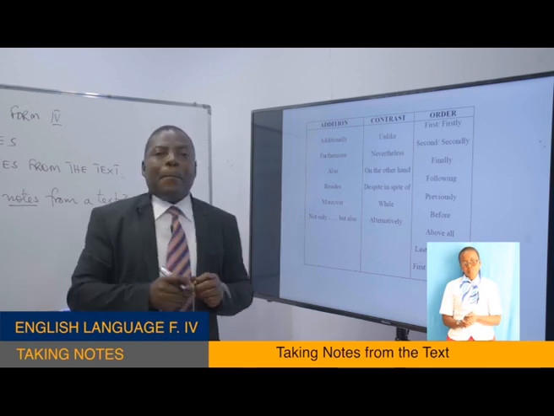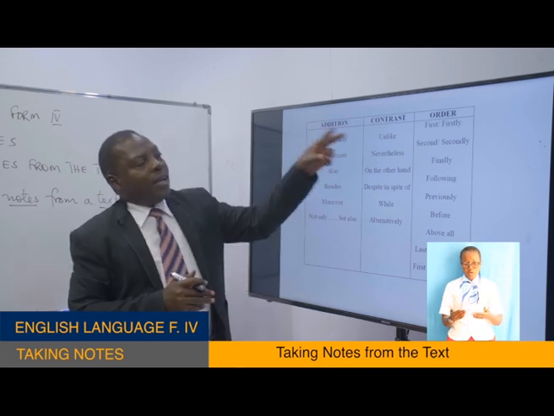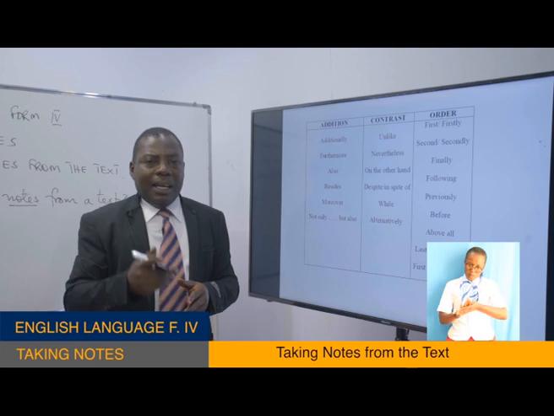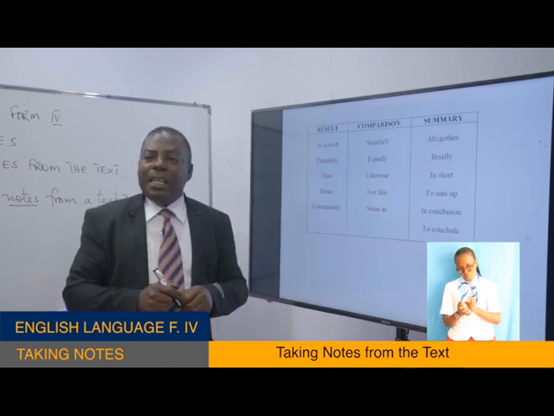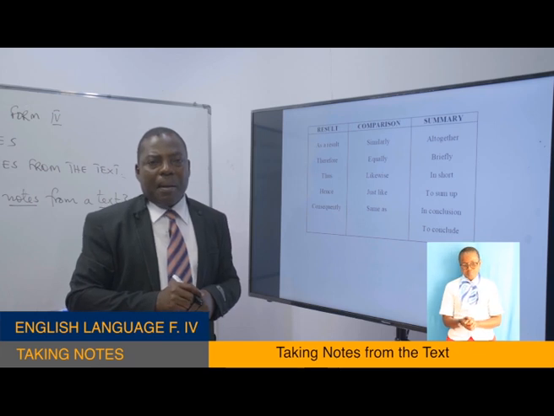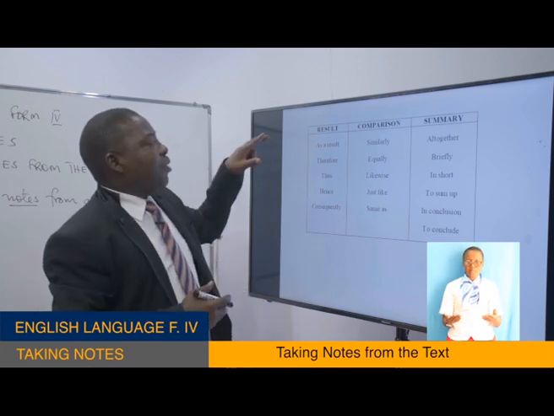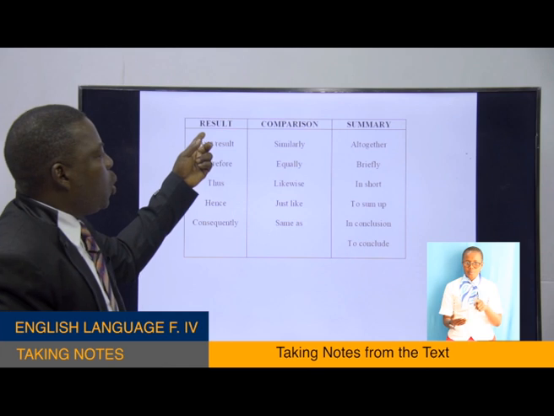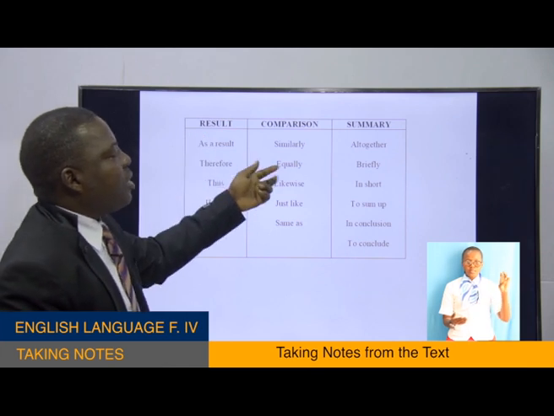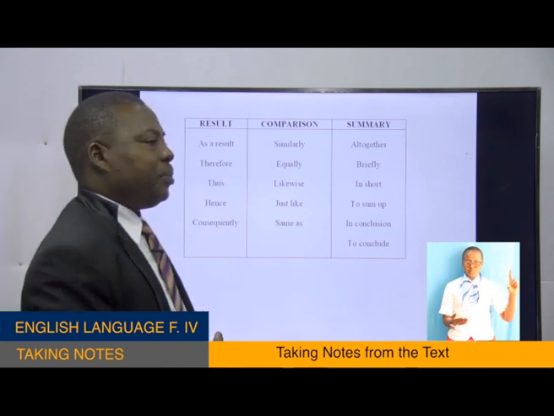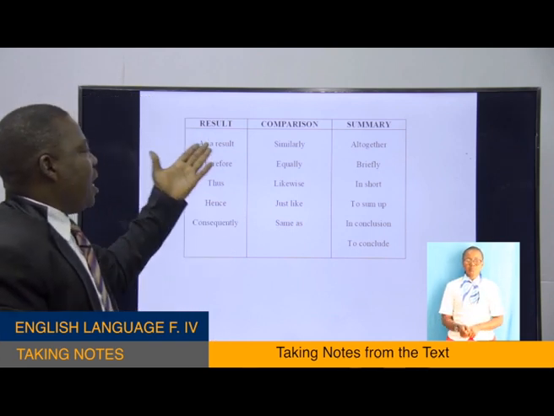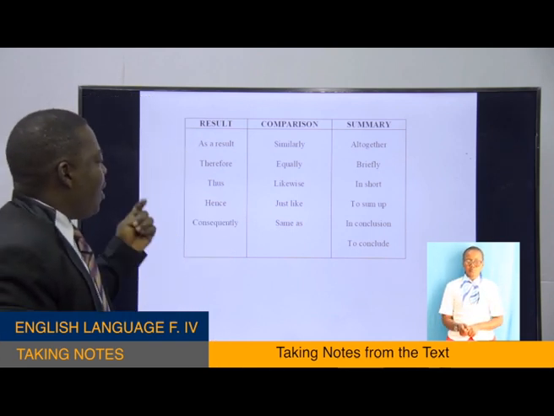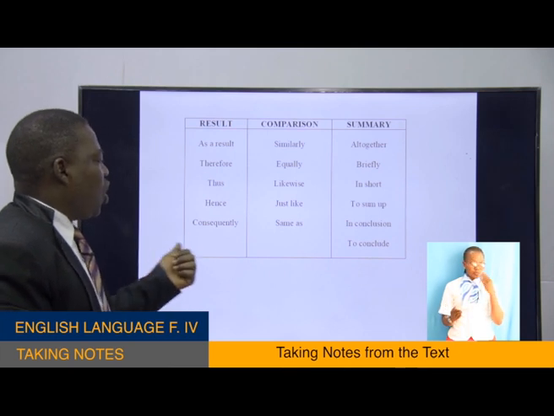This is bunch number one of the linking signals. Let us see the other bunch of the same linking signals. Here we have the linking signals that show results, comparison, and summary. You have words like as a result, therefore, thus, hence, consequently.